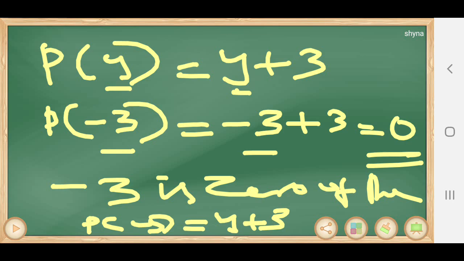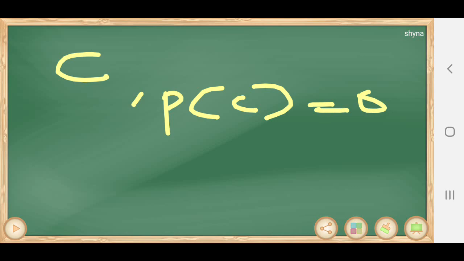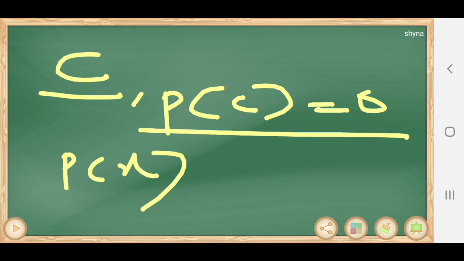Here, you must know what is the 0 of a polynomial. 0 of a polynomial means there is a number. The 0 of a polynomial p of x is a number c such that p of c equal to 0.